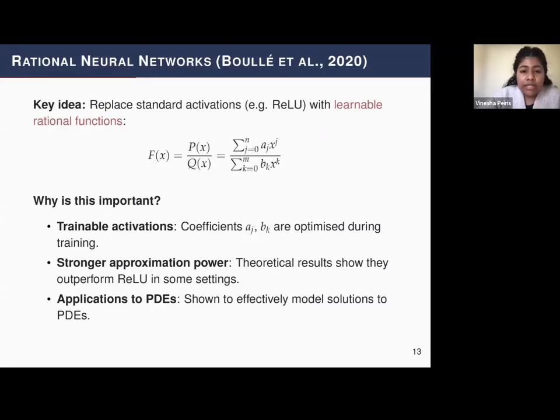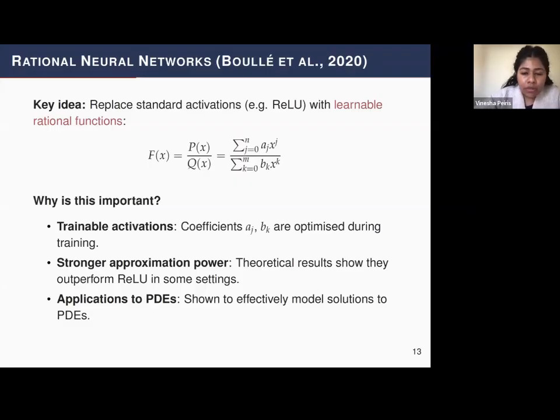So instead of having a standard ReLU activation function, and ReLU is just the maximum between 0 and any given input, you replace it by a rational function, but not just any rational function, a rational function where the coefficients are learnable. Here the a_j's and b_k's are the parameters, and these parameters are learnable while you are learning the weights of your network. The x^j's and x^k's are monomials. So we simply have two polynomials here, one in the numerator, the other in the denominator.